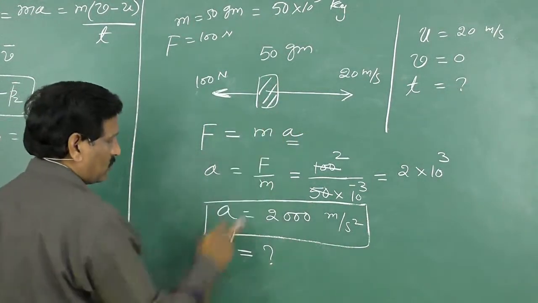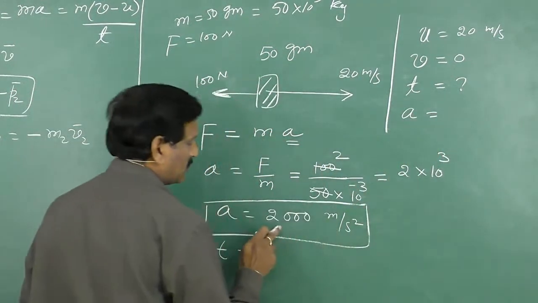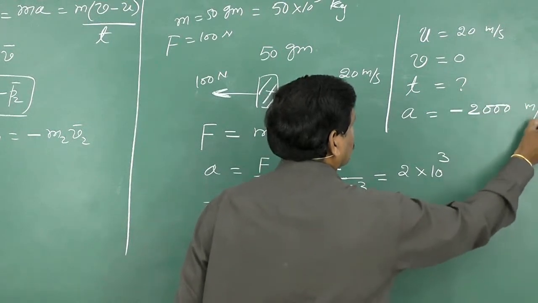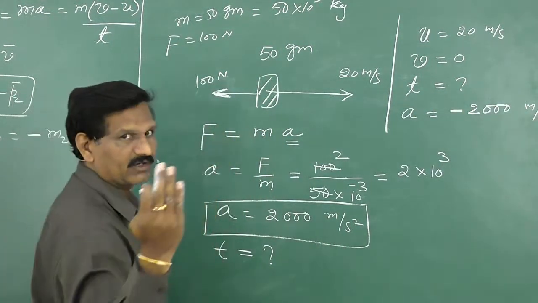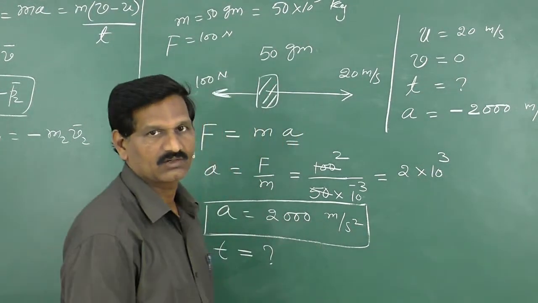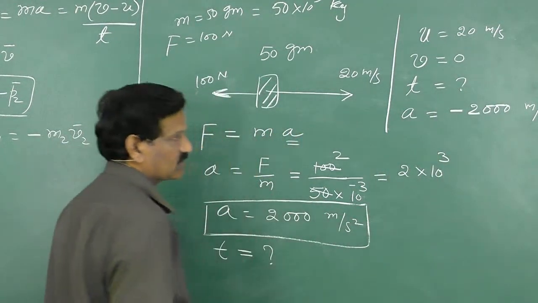And for this, we calculated retardation. A is equal to 2000, but here this is minus 2000 because we are applying a retarding force. Retarding force gives retardation, that is a negative acceleration. So, A is minus 2000.